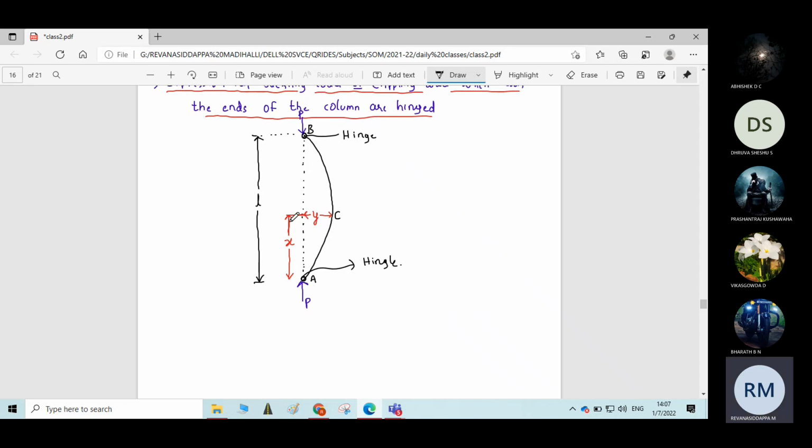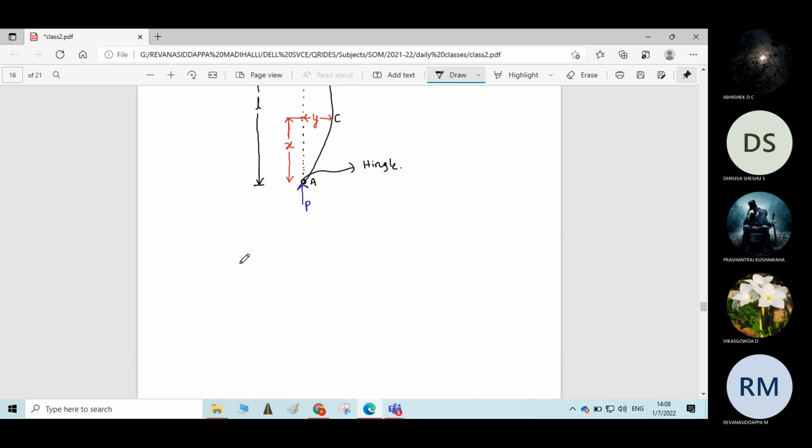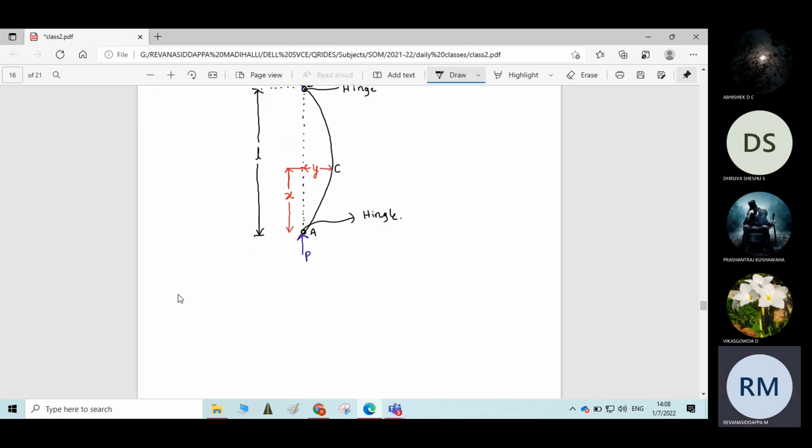Here you can write, let P be the crippling load or the buckling load, and ACB is the deflected shape of the column after the application of the load.